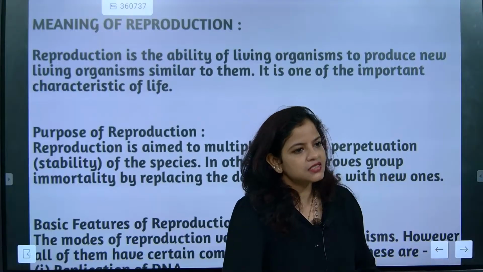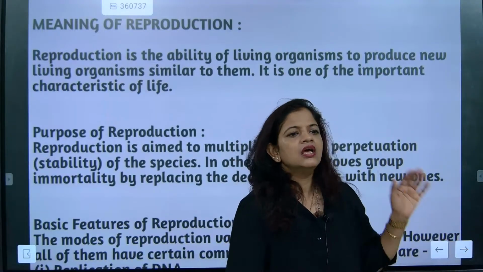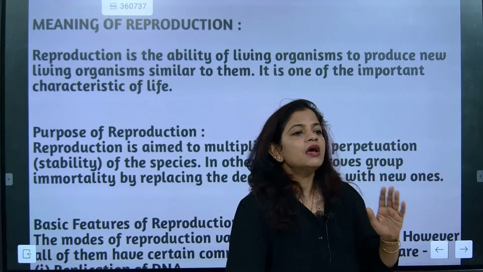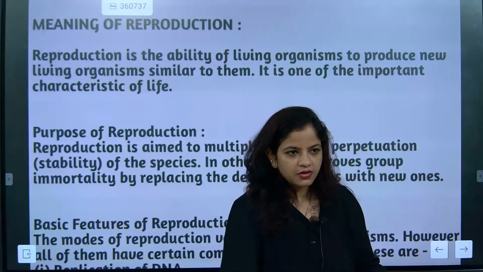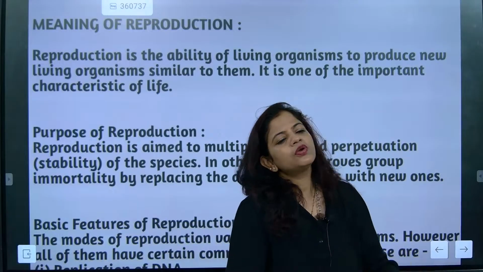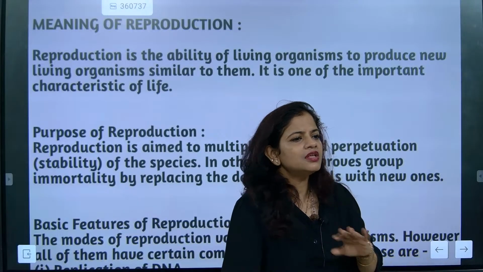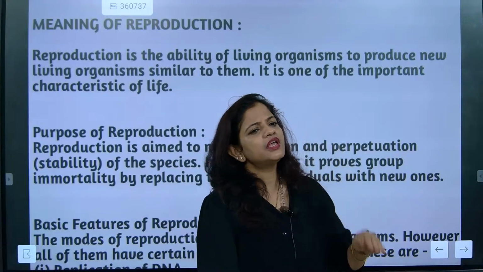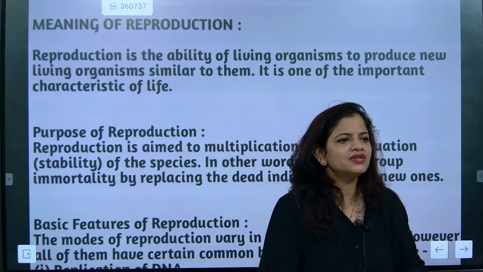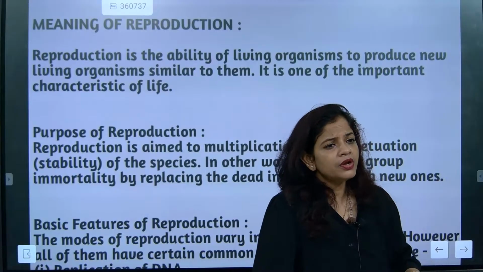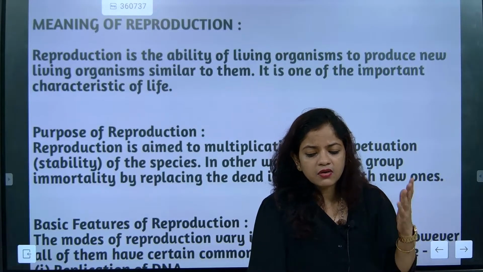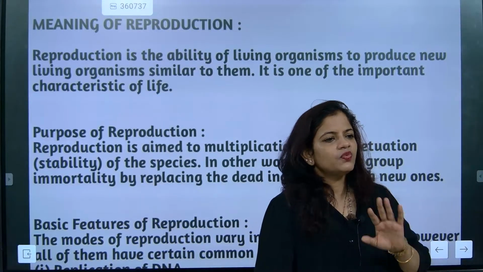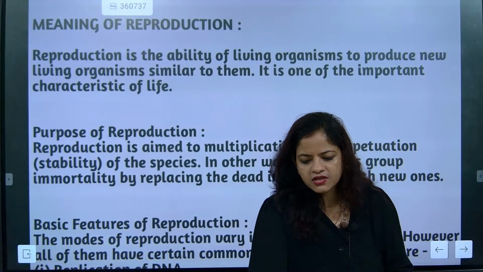Wherever life exists, on whichever planet or region, the life must be continued there. Otherwise the life will finish, and there will be no existence of living creatures in that area. So for the existence of living species, reproduction is very, very important. Reproduction gives the guarantee of the continuation of a species.